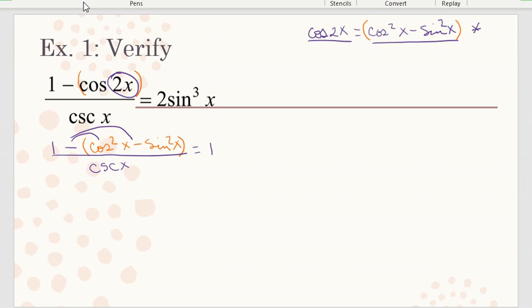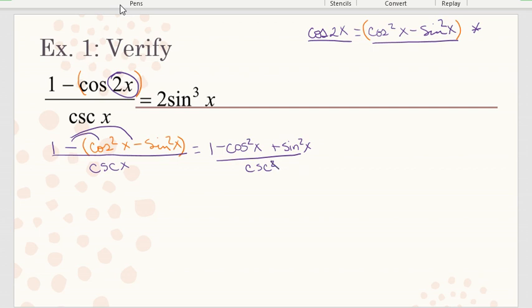So don't forget to distribute this negative to both pieces. That means I have 1 minus cosine squared x plus sine squared x all over cosecant x.